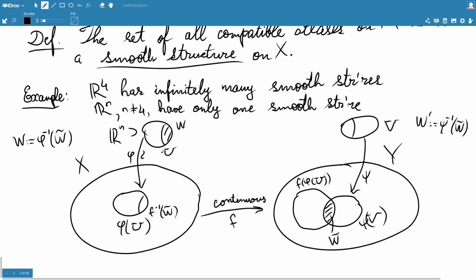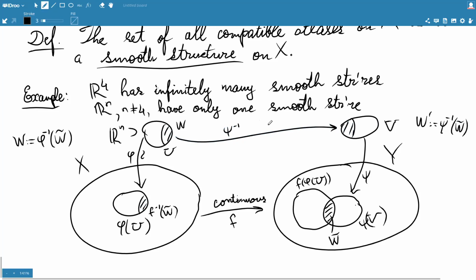So we thus have the map from here to here, which of course could be shortly denoted by the composition from right to left.